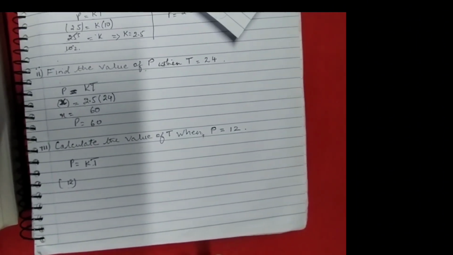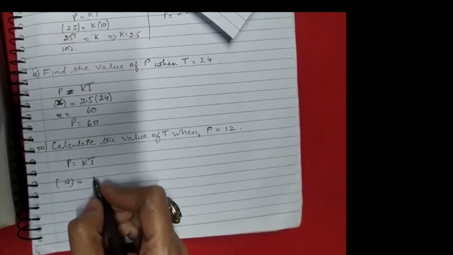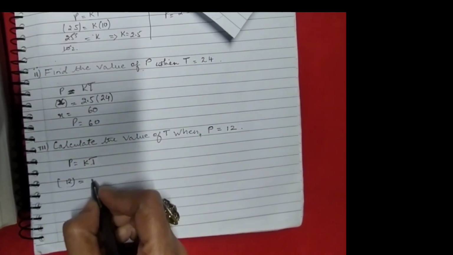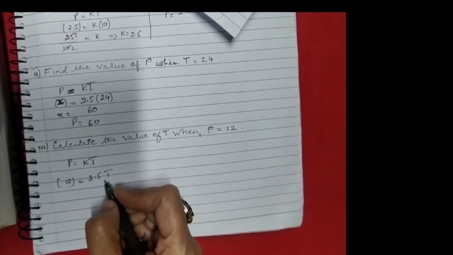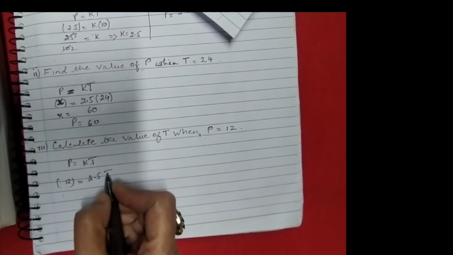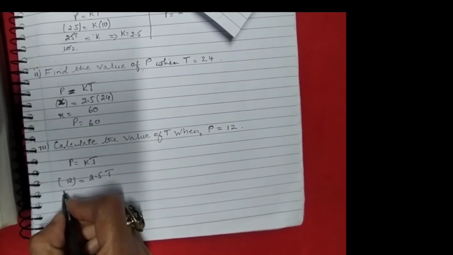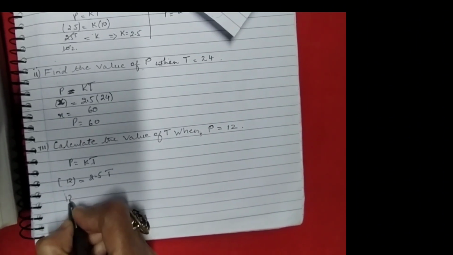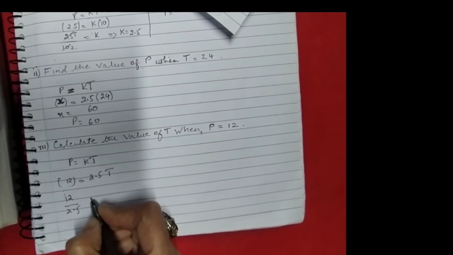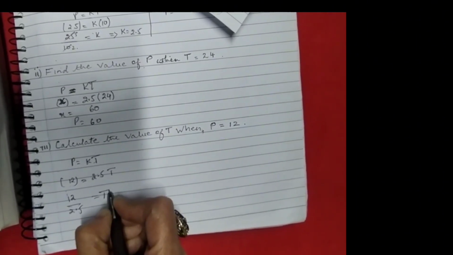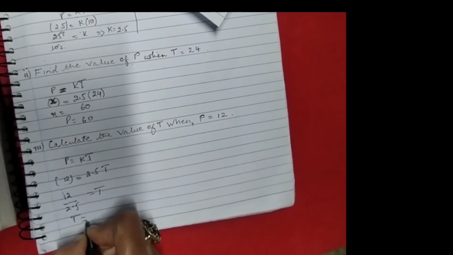Okay, and after this we'll write the value of K, that is 2.5, but we don't know the value of T because we have to find it out. 12, here it's multiplying, so over here it will divide. So you're going to write 12 divided by 2.5. So this is the value of T. So here T is 4.8.